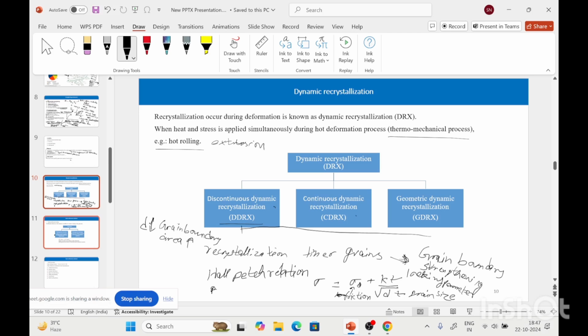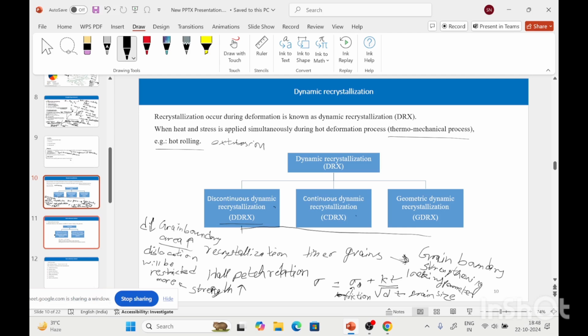So due to the increase in this area, the dislocation will feel more restricted, and that leads to the increase in stress. Means the strength of the alloy will increase.